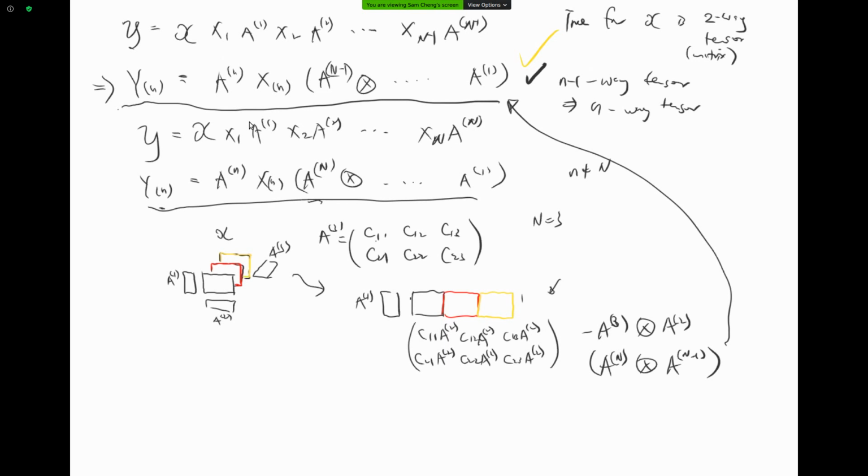So that's for n not equal to big N, but for n equal to big N we can do a similar argument, just that we will merge two other dimensions rather than the last dimension N with N minus 1. Maybe we can merge the first two dimensions. In that case, if I merge the first two dimensions, each of these column fibers here will stack down here, so it will become something like this, right?